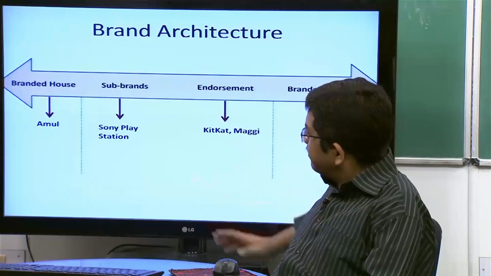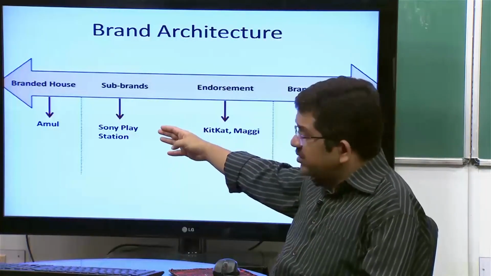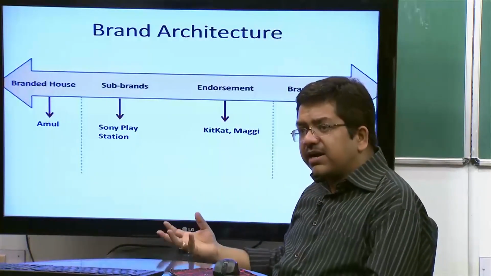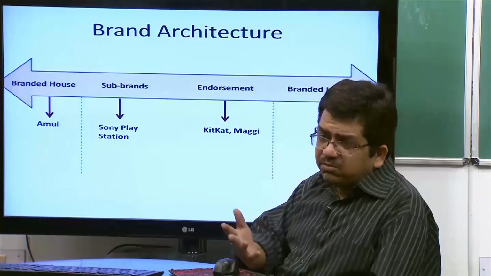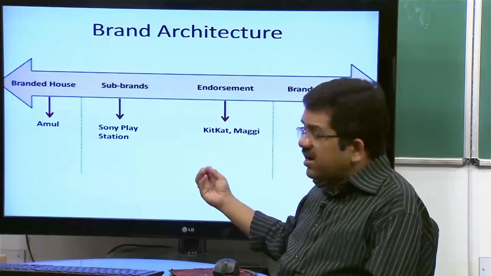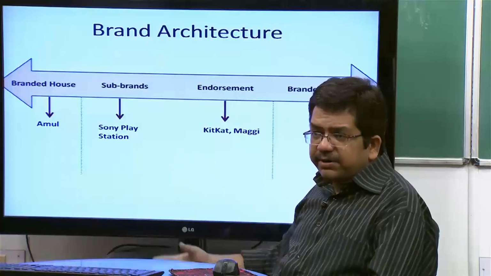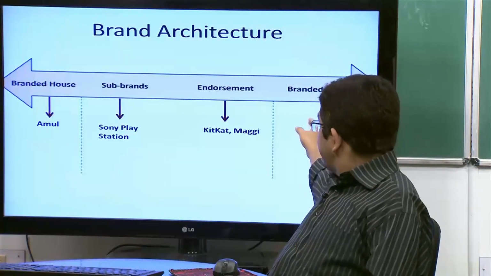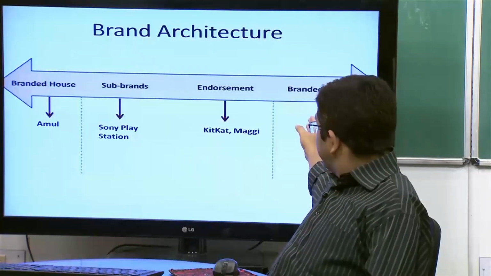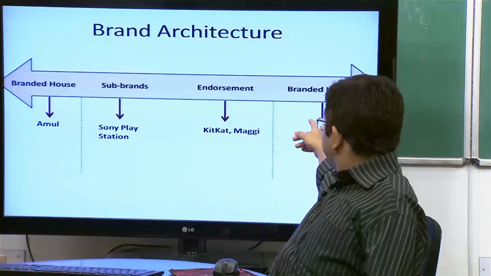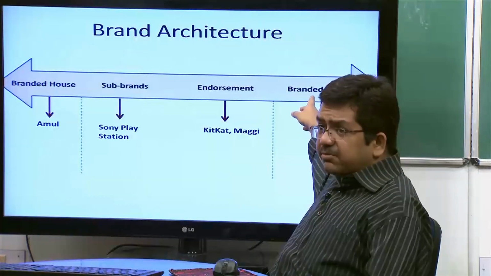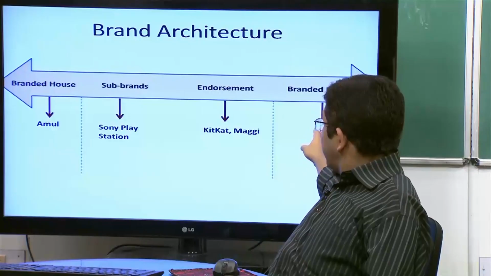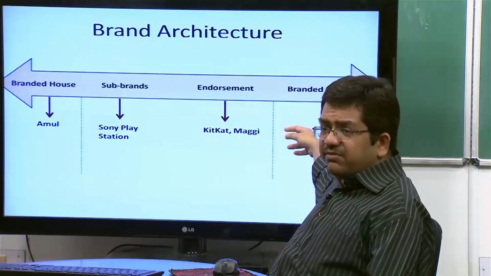One is the branded house, something like Amul or Apple, where all the products come with the name of that corporate house, like Amul butter, Amul ghee, Amul milk, all having that one corporate brand name attached to them. On the other side, you will have the house of brands, where every brand comes with a different brand name.